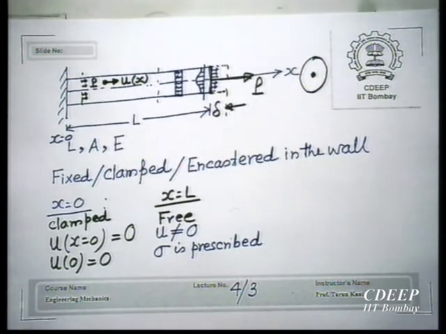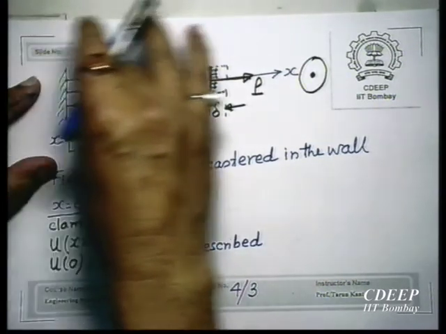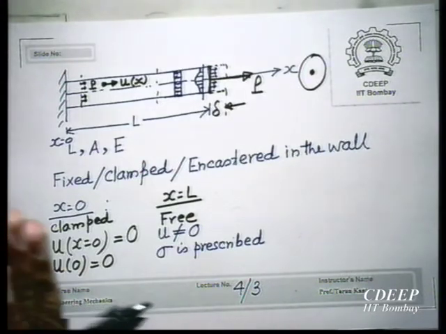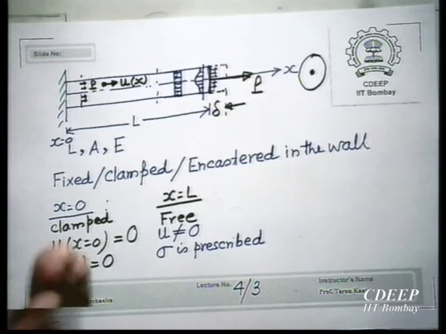I just wanted to bring in this concept: the rod is confined between two points, x equal to 0 and x equal to L. This is the domain of the body, and this length is the total dimension of the body.